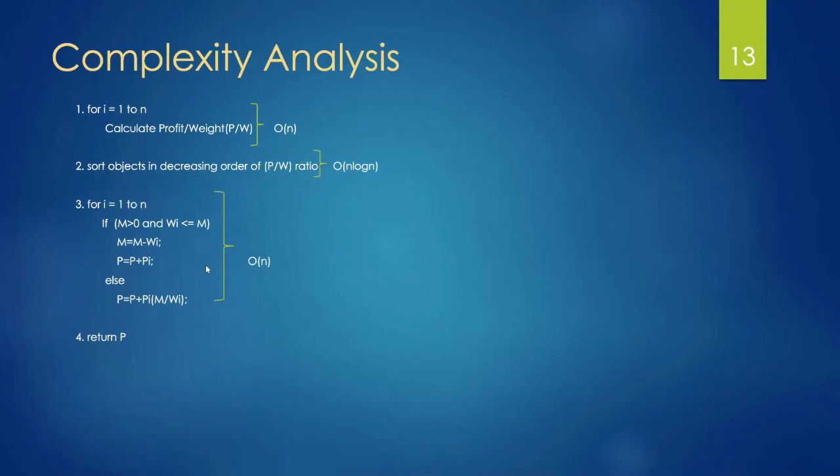And after that, we again use a for loop for all items from i equal to 1 to 10. So here the complexity is the same as the first part, and this is big O of n. So if we add all three of them, the largest part is big O of n log n. So this is the complexity of this algorithm.